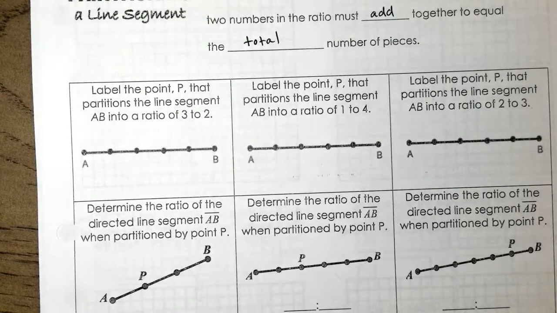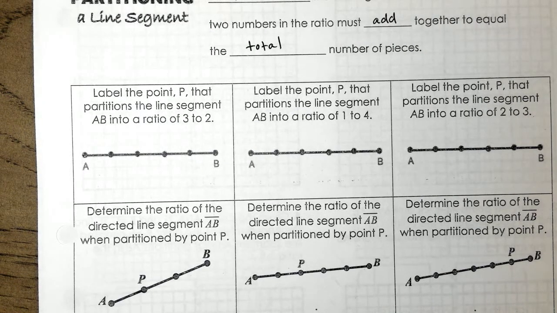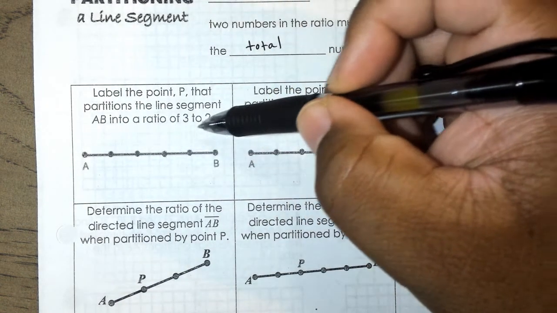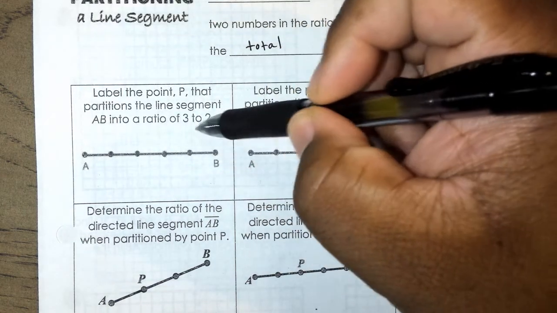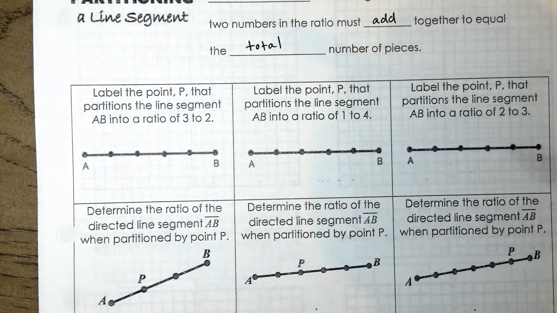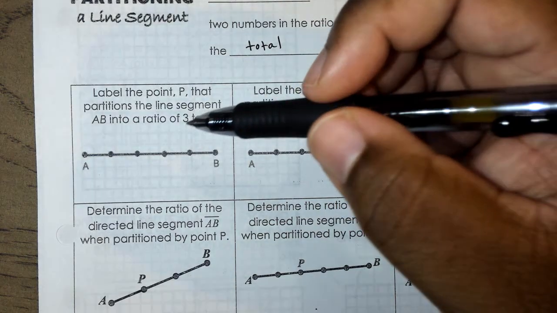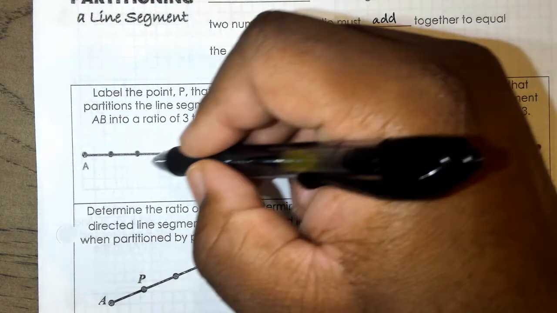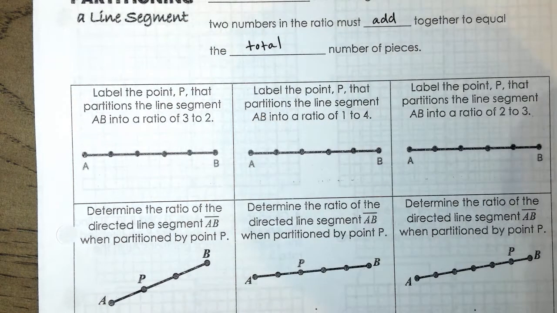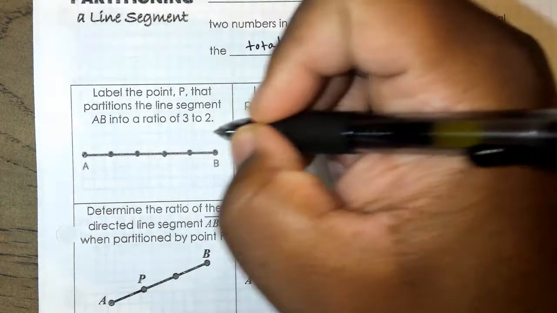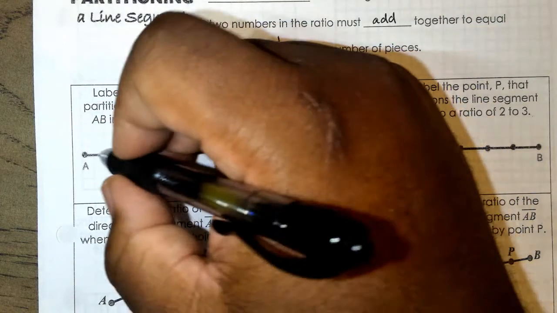Down here we're just going to do some simple partitioning of a segment, just to get you acclimated. Alright, the first one says label point P that partitions the line segment AB in a ratio of 3 to 2. All they want us to do is split this line in a 3 to 2 ratio. You really just got to start at A, because it said from A to B, and split the line into 3 to 2 pieces.